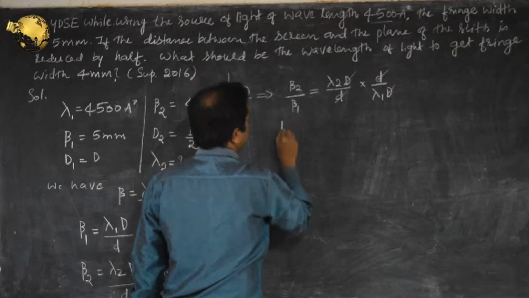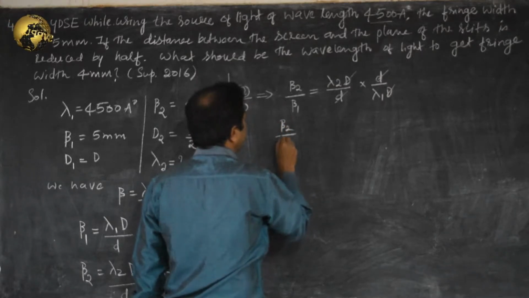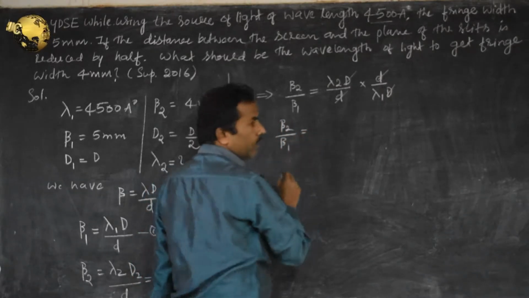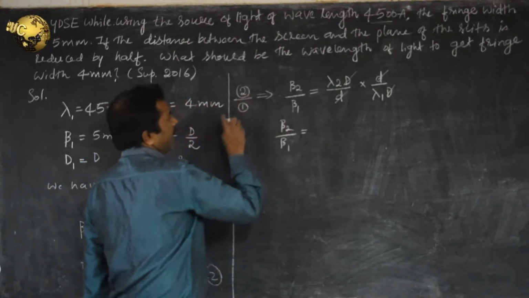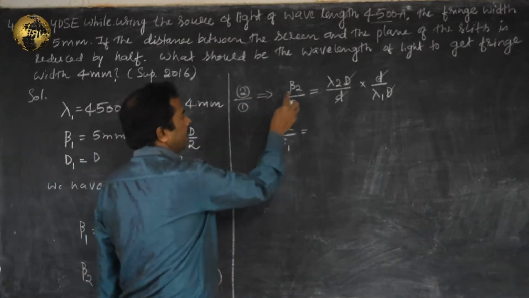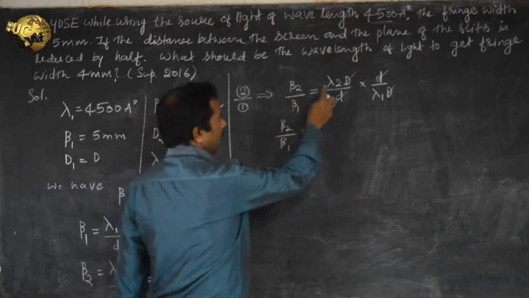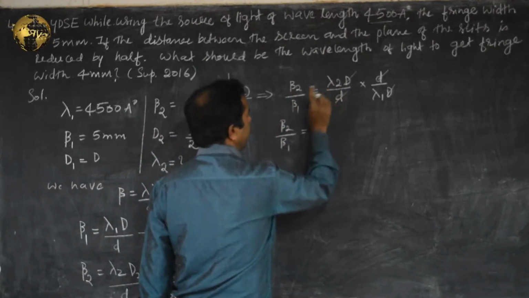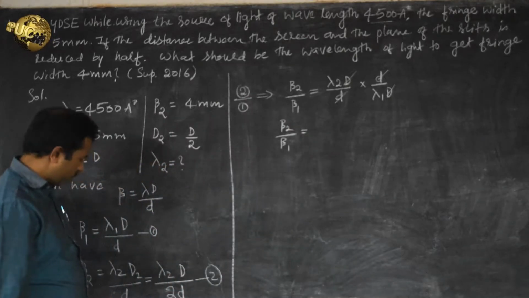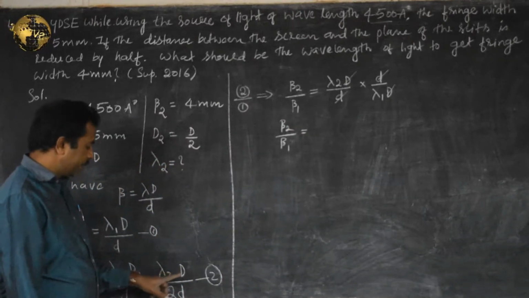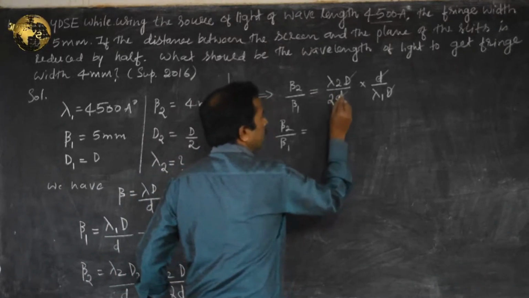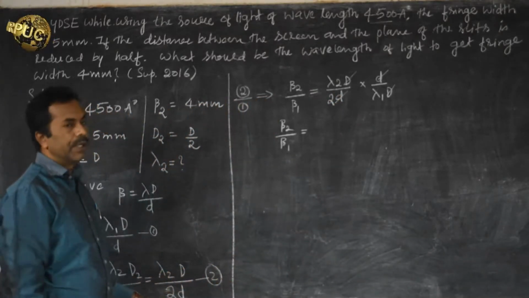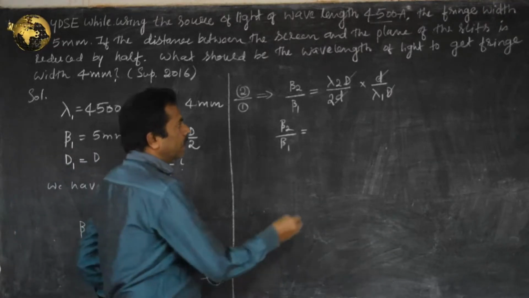So when we divide equation 2 by 1, we will get beta 2 divided by beta 1. Beta 2 is equal to lambda 2 into D divided by 2d. So here we will get 2 also in the denominator of beta 2.